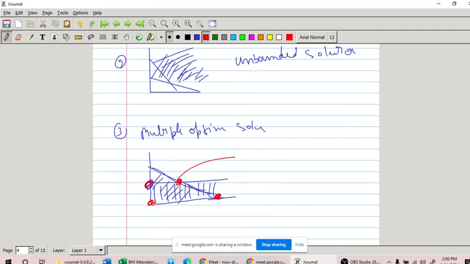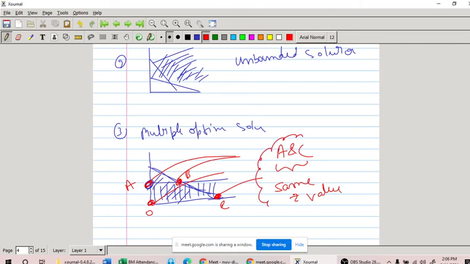And when you put these coordinates in your z function, two of them, a and c, are giving you the same z value. In that case, these two points are satisfying your constraints and they are giving you the maximum output which your z function is asking for. So that is how this multiple optimum solution case exists in these exceptional cases.